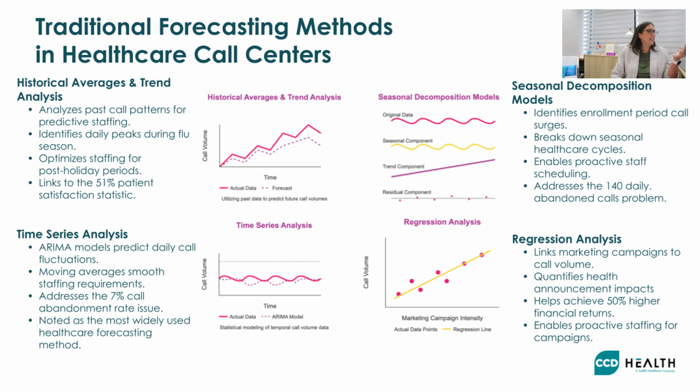And finally, we're looking at the regression analysis. These are usually linked to marketing campaigns that come across for those different call volumes. This identifies a direct relationship between your influx of patients or your influx of call volumes with external variables to the site. So that's why I mentioned those marketing campaigns.